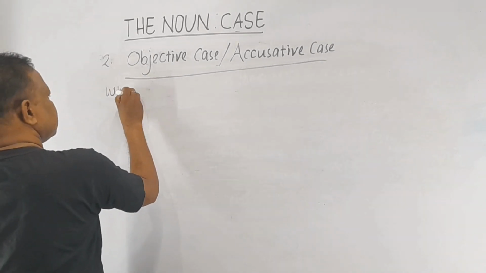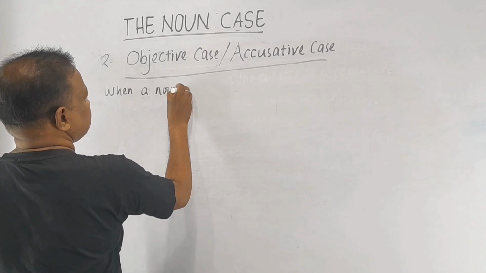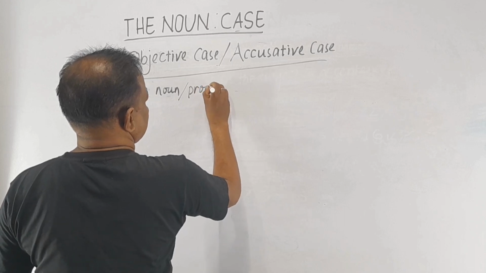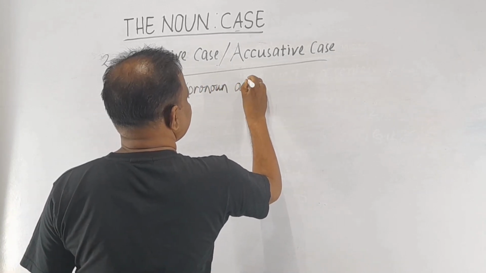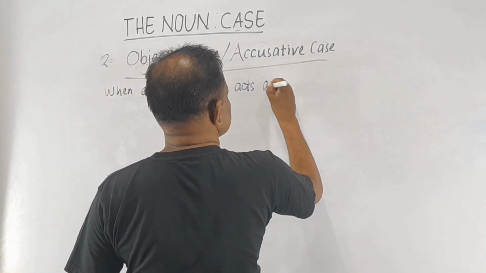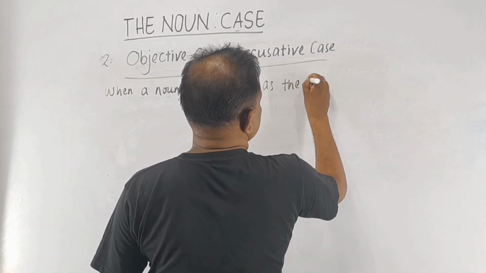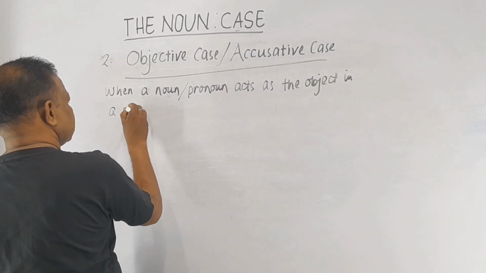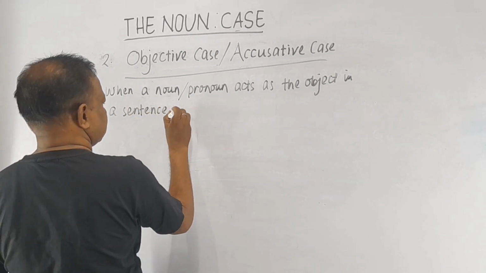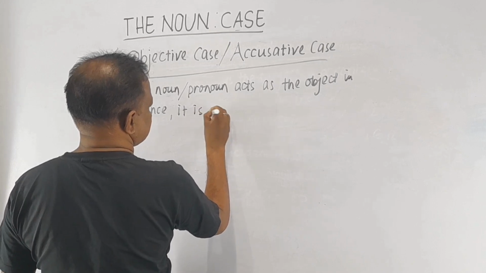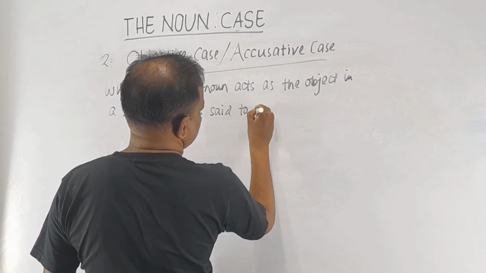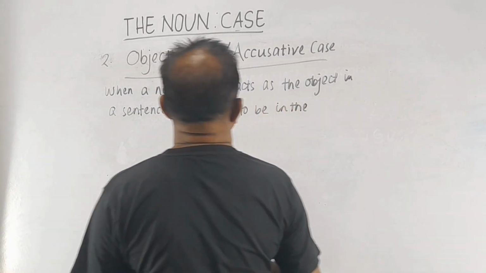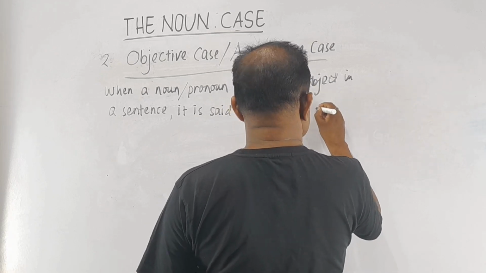When a noun or a pronoun acts as the object in a sentence, it is said to be in the objective case or accusative case.